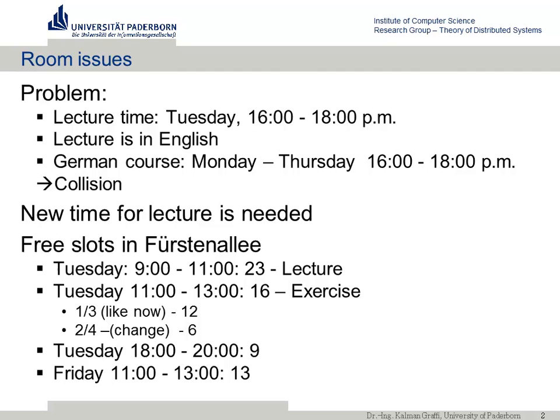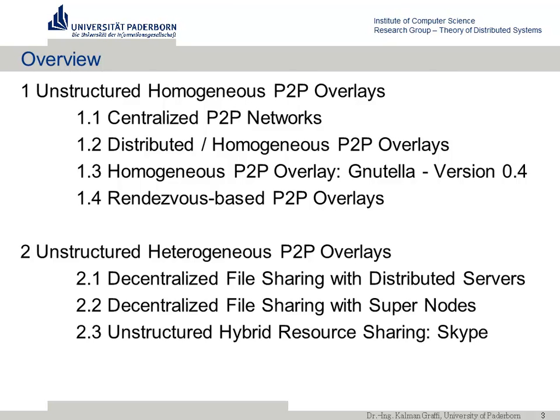Last time we had a long introduction to peer-to-peer networks, and this time we will have a look at one special type of peer-to-peer overlays, namely unstructured peer-to-peer overlays. We'll have a look at 2 types.